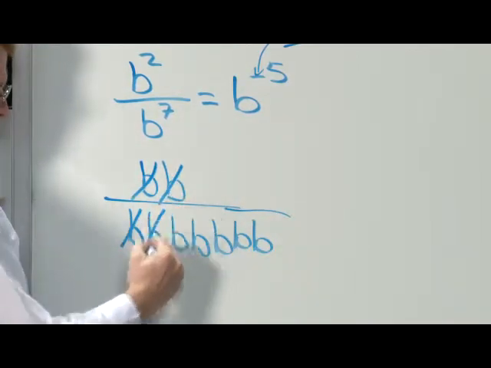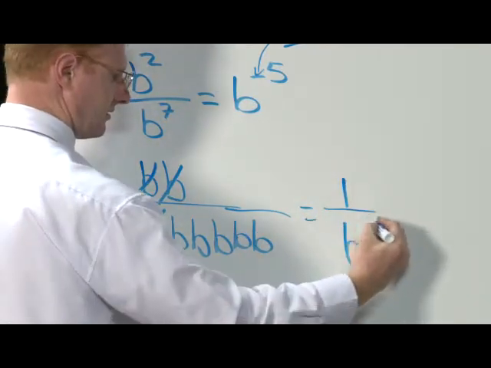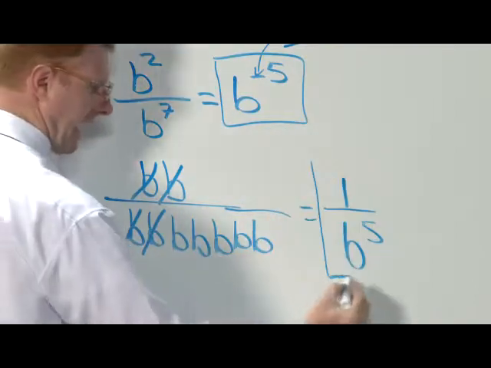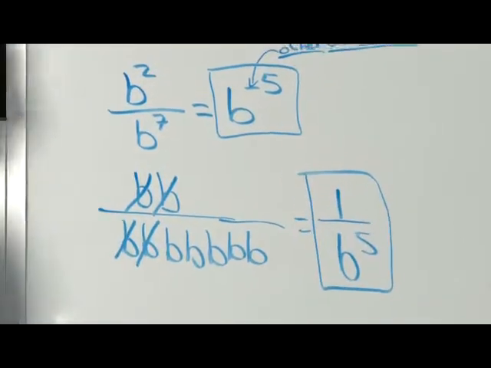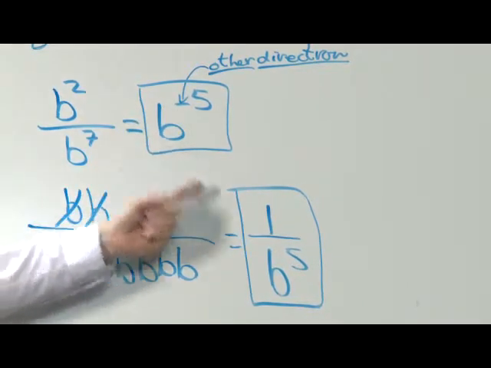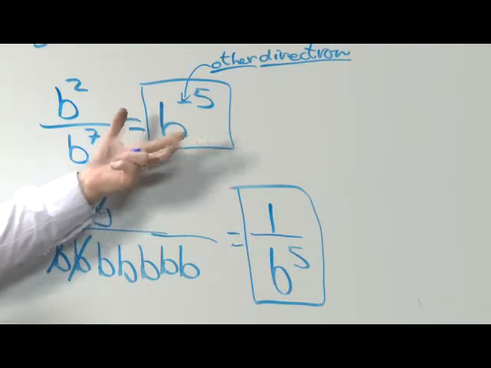These two cancel, still leaves a 1 up here. So that means that this and this must be the same thing. B to the -5th power means you're dividing by b 5 times. And that's what a negative exponent means.